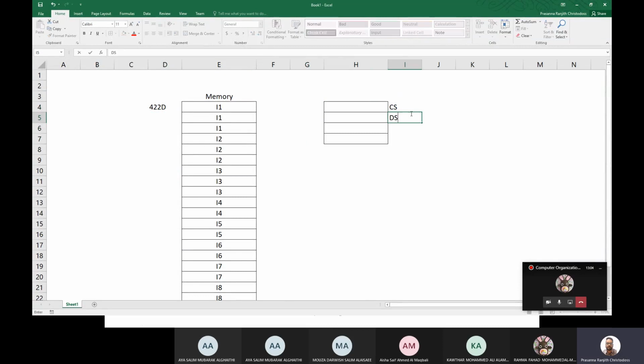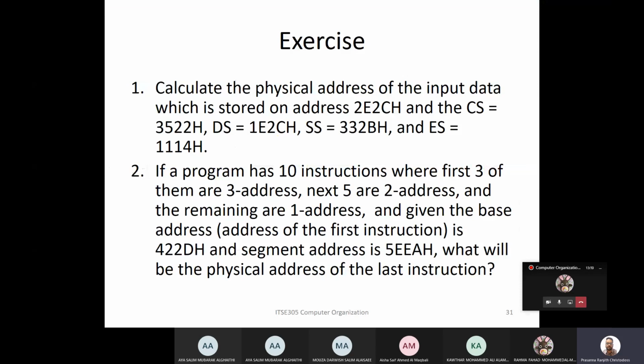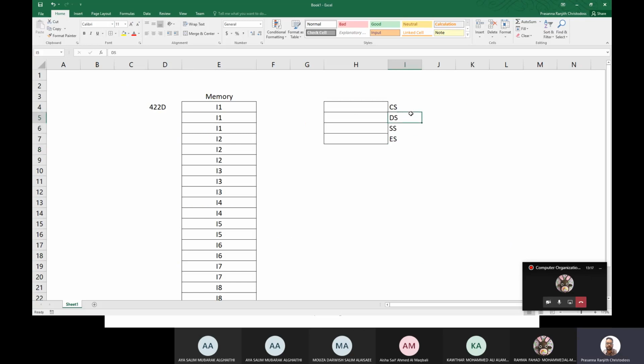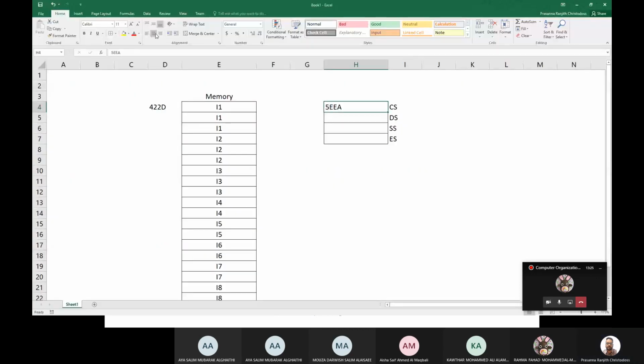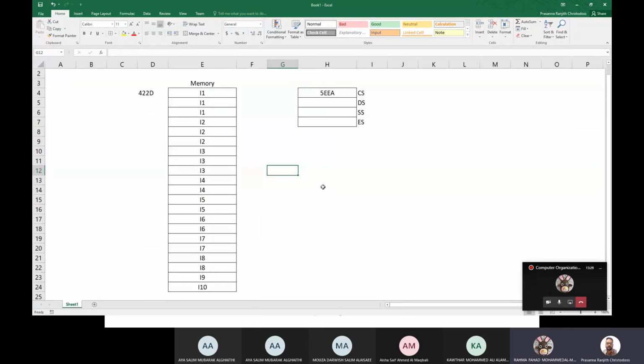CS, DS, SS. The segment address is 5EEA, because of this program, it will be here. Is that correct? This is the question, right?